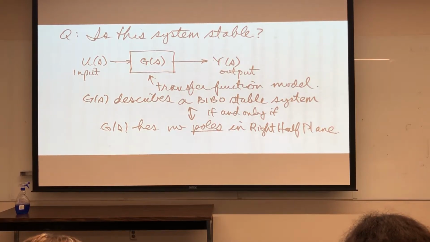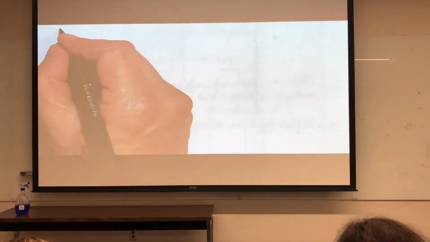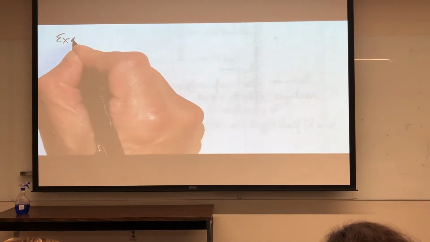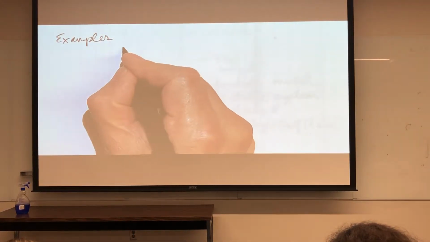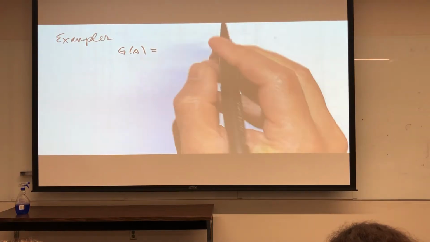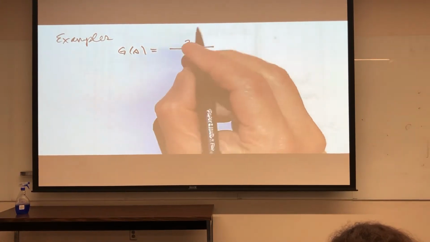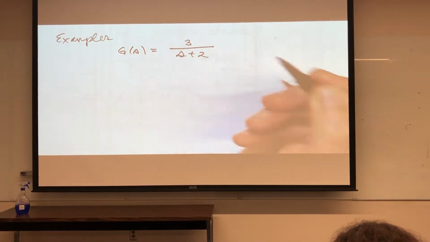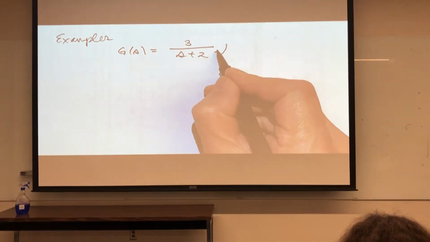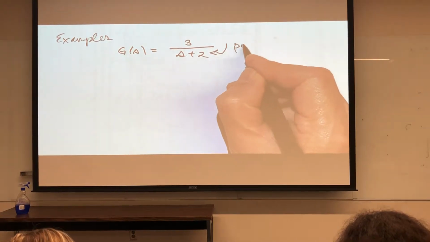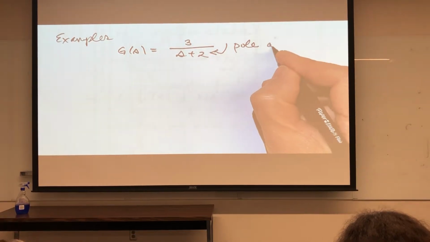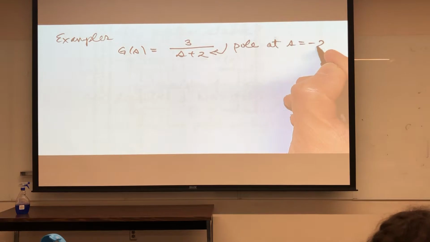So some very simple examples. Let's do just a few examples just to illustrate what I mean by this. What we have to do is focus on the denominator, and we say that the roots, the poles, this one has a pole at s equal to -2.